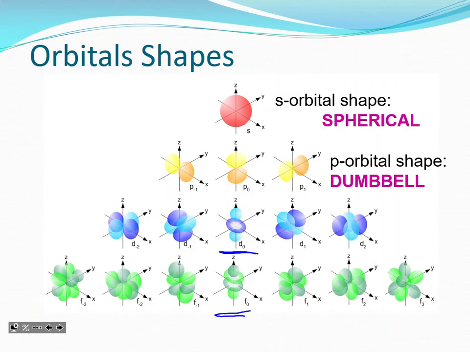The d's, which are in blue and purple up here, end up being a lot more complicated. They look more like balloons to me, and of course the one in the middle is kind of like a donut-shaped one. And then the f orbitals down here in the green, there are 7 of them, as you can see. We even get the double donut one here.